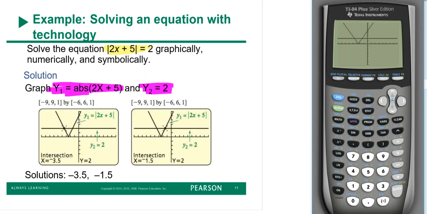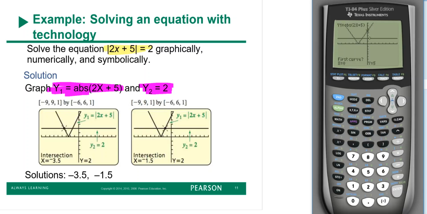And basically the solution is going to be where they intersect. So I have two solutions, where the absolute value function equals 2, where they intersect. So I'm going to find the intersection points. If it's not really clear from the graph where the intersection points are, we can use this command. We go to second, trace to get to calc, and then we're going to pick intersect, number 5.